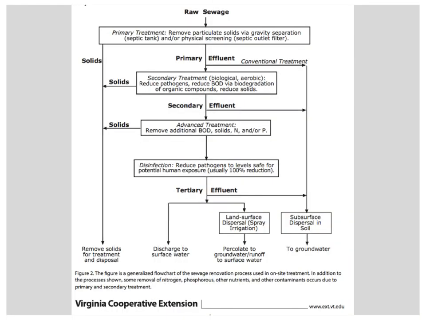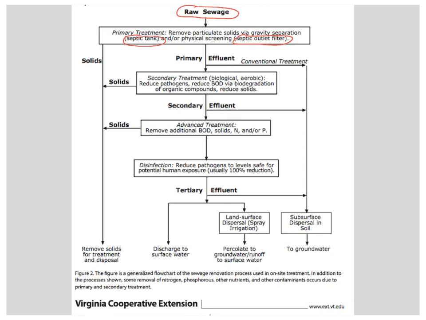These are things that we need to be thinking about when we're developing our system. The Virginia Cooperative Extension here at Virginia Tech has spent a lot of time trying to think about the design of on-site wastewater treatment systems. This is a flow chart from one of their publications. As we go from raw sewage, we have some sort of separation process where we remove solids, and that might be the septic tank that we're talking about, or some physical screening, which in the context of on-site treatment is often a septic outlet filter.